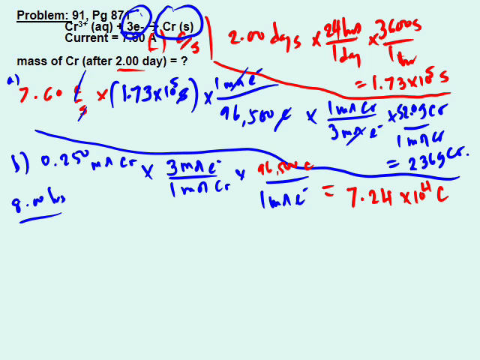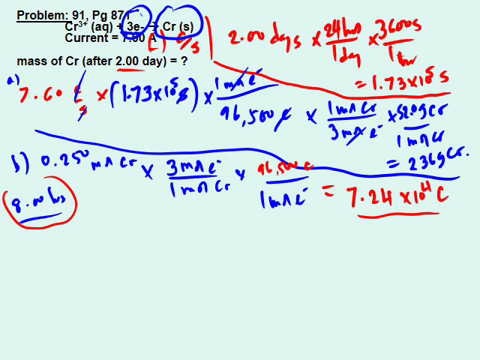I try to do problems in segments like these, that way I can think better. Now I got coulomb. I need to get coulomb per second because that gives me ampere. So how do I get second? Well, they gave 8 hours. So let's change 8 hours to second.